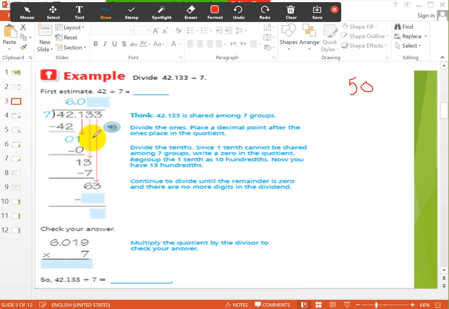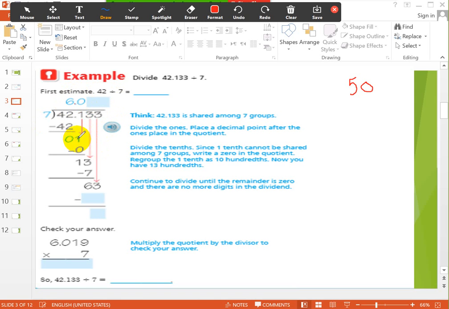After that, I will take the first number after the point, which is 1. I will write it here. So 1 divided by 7. Can I divide 1 by 7? I can't, right? Thank you, Manan. That's right. No, I can't. So what I have to do, yes, I will put 0.